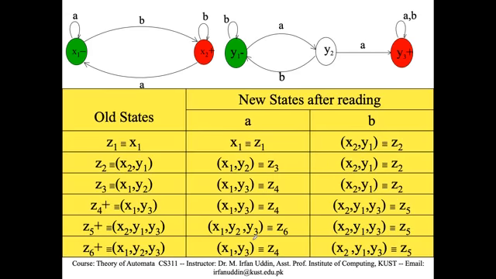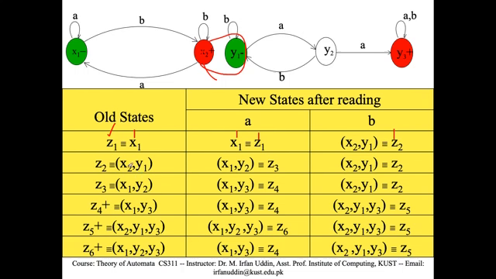To build a new FA, we make this transition table. We make Z1, which is the initial state of FA1. Now reading A, we go to X1, which is the same as Z1. But reading B, we go to the combination of these two, X2, Y1, which is Z2. So Z2 is a new state. It is X2, Y1.